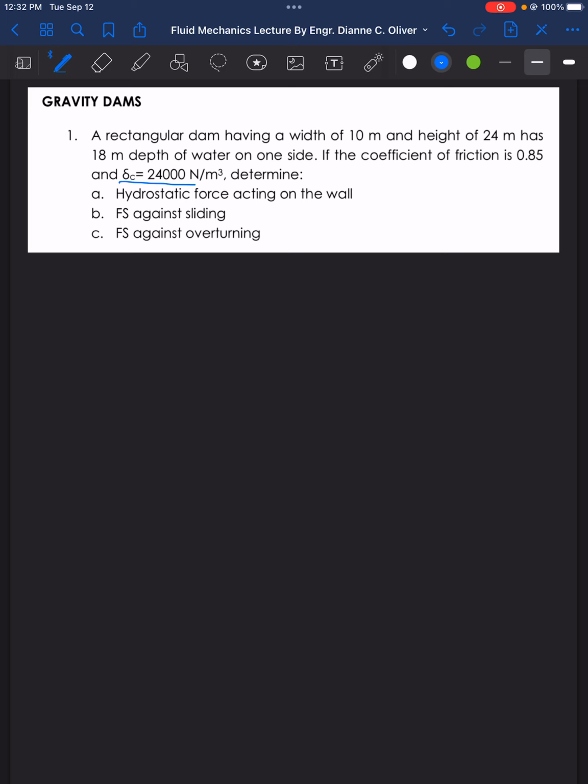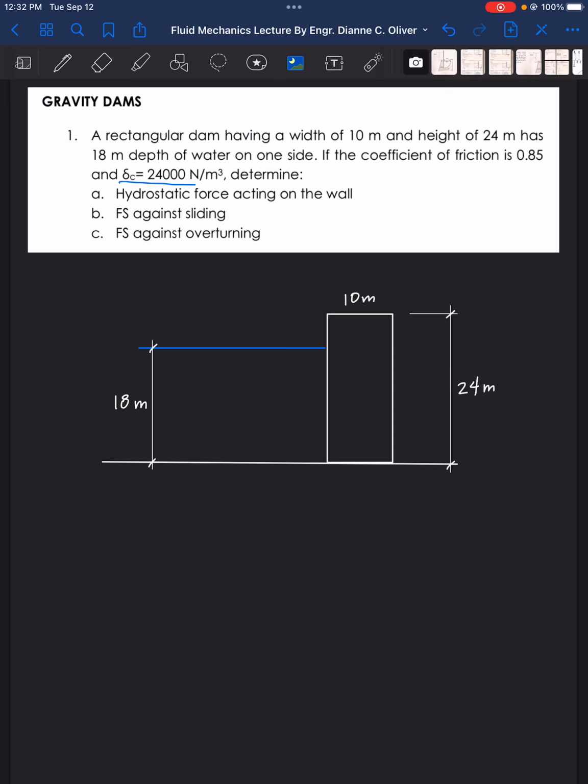So the gravity dam here has a width of 10 meters, height of 24 meters, and depth of 18 meters for the water. So we have here our rectangular gravity dam. Okay. So it's asking for the hydrostatic force acting on the wall.